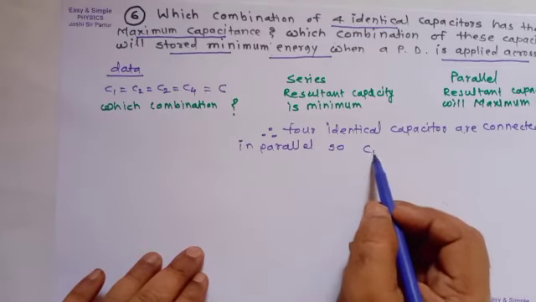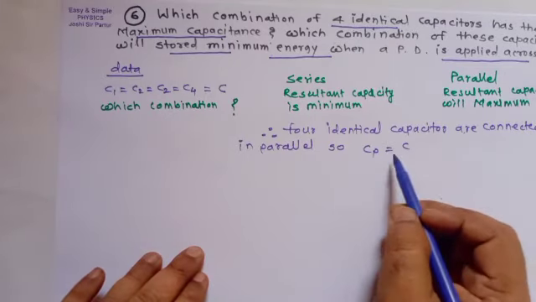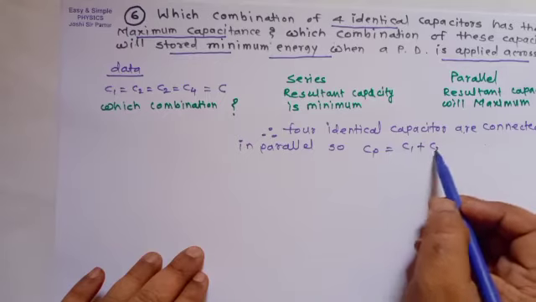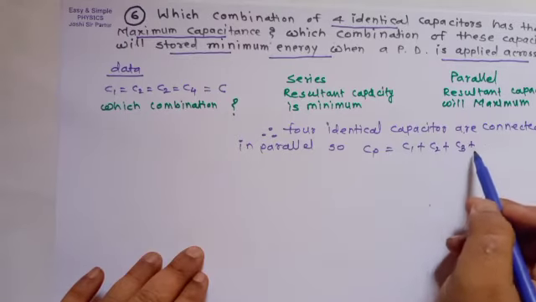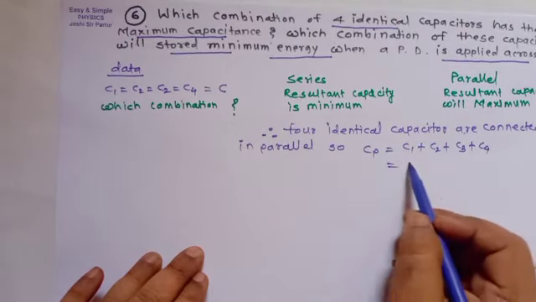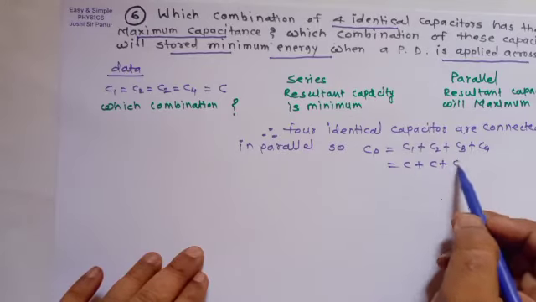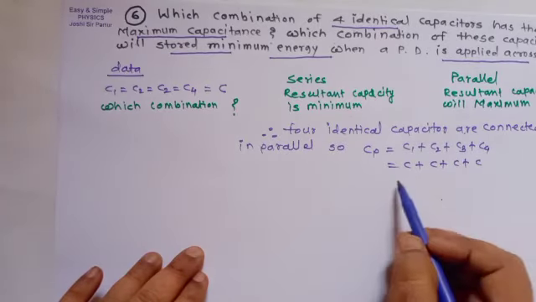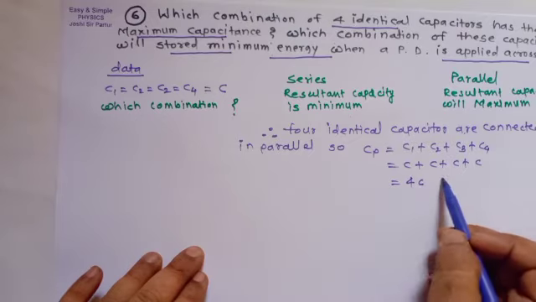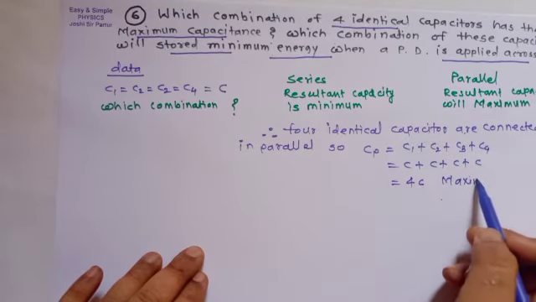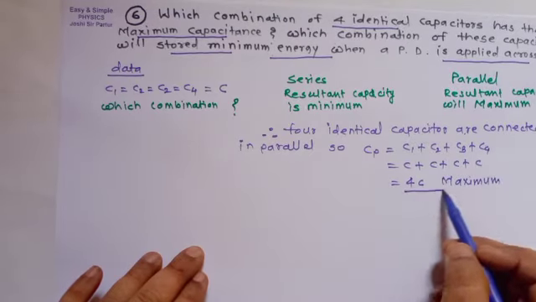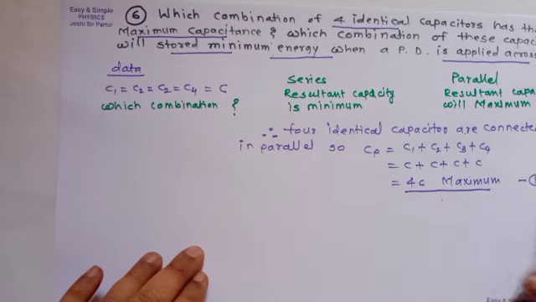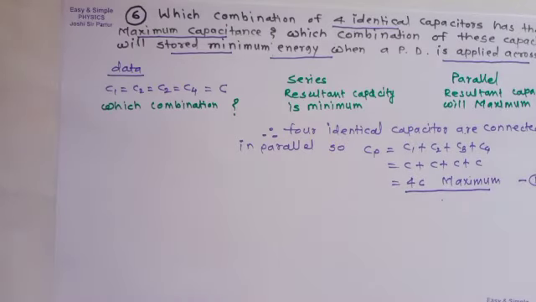So resultant capacity Cp is equal to C1 plus C2 plus C3 plus C4, which is C plus C plus C plus C, which is 4C, will be maximum. That is the first answer of the given question.